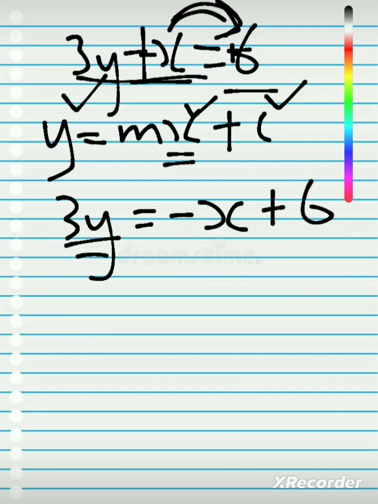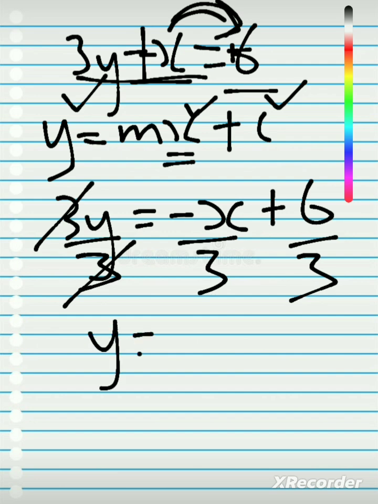Then from here we can divide everything by 3. Of course, others can do this: divide this side by 3, divide this side by 3. But when you're doing coordinate geometry, the easiest way, so that you don't waste time, is to divide each number individually, so you have -x over 3 plus 6 divided by 3, 2.